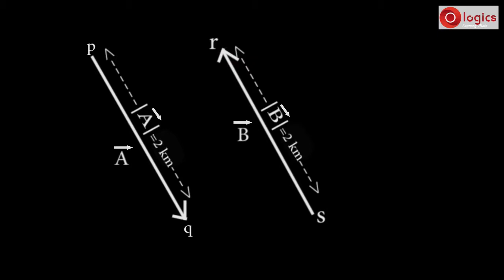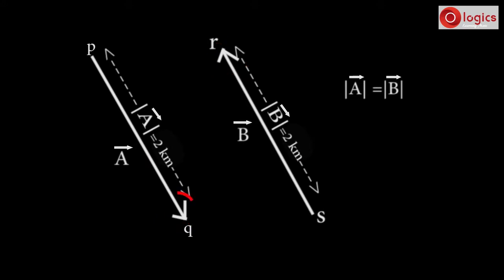Let's say another vehicle B displaced with 2 kilometers magnitude in the opposite direction of vehicle A, that is towards the north direction. Here, both the vectors having equal magnitude, but the direction of vectors are opposite to each other.